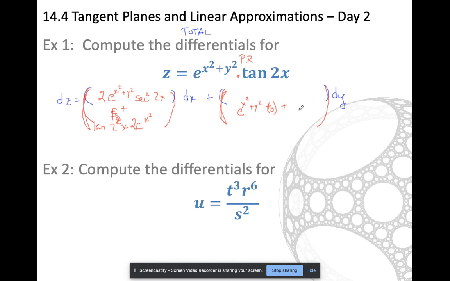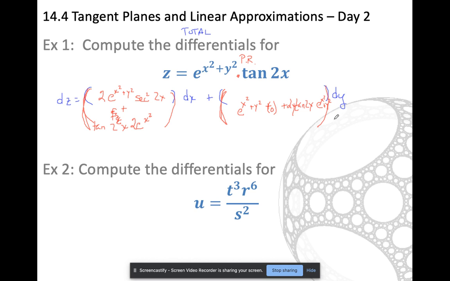Plus the second function times the derivative of this with respect to y. Remember, x squared is going to be a constant, so I'm going to have 2y times e to the x squared plus y squared.